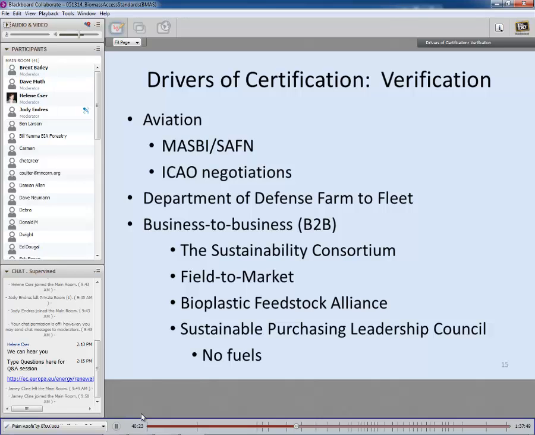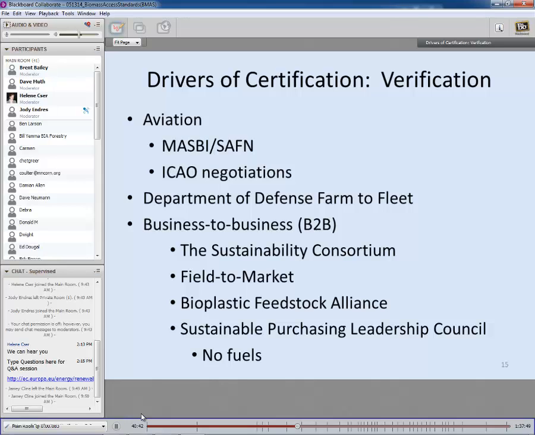And then recently WWF convened the Bioplastic Feedstocks Alliance, which is going to be exploring what type of metrics would apply for those that want to source renewable-based packaging, for example, for soft drinks or for consumer products.